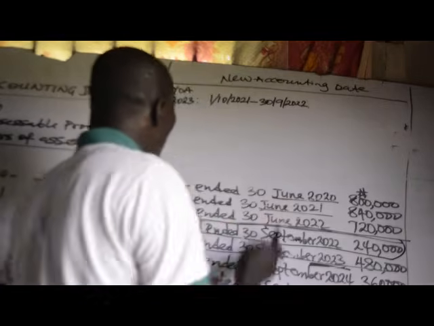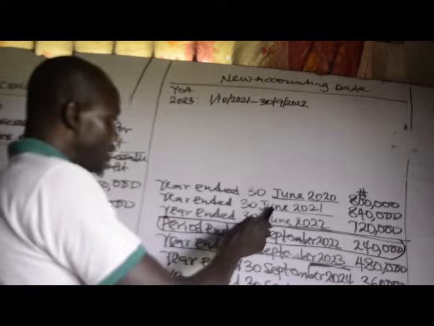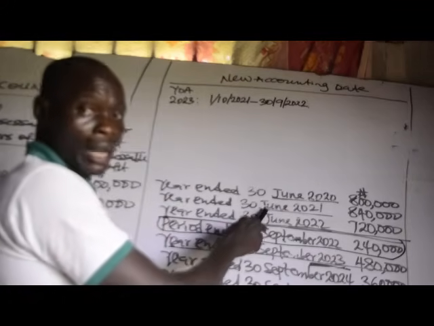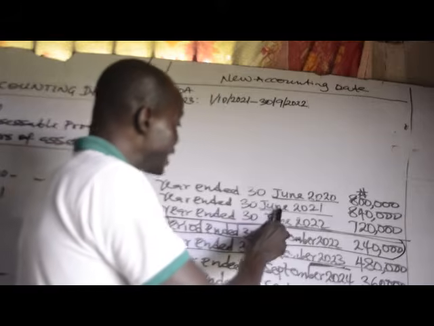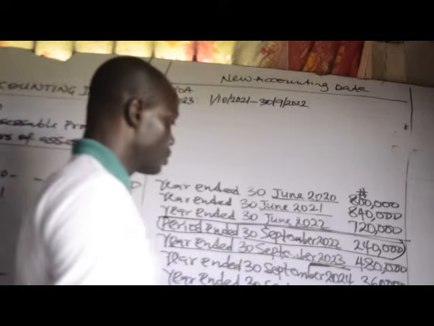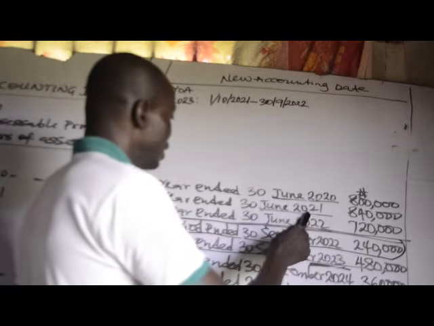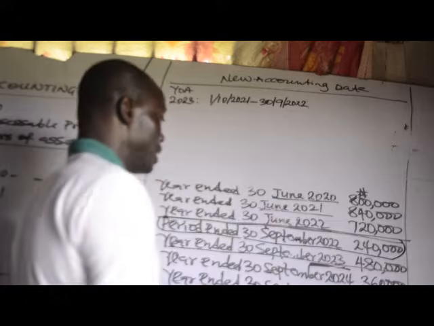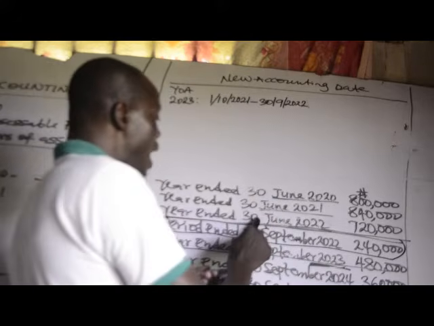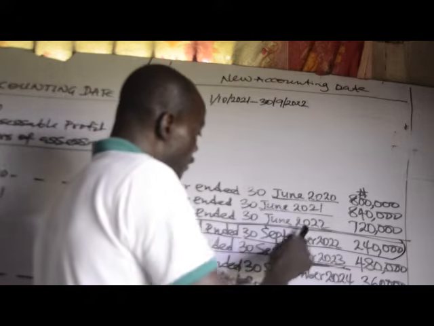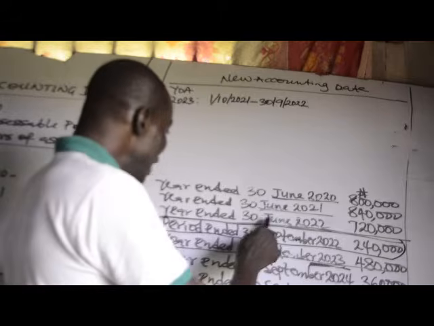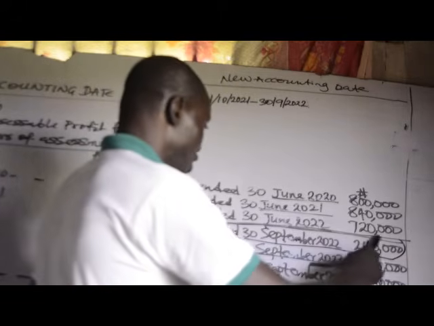Where can we get October 2021? This profit of 2021 ends as at June 2021, so we have not reached October here. So October 2021 will be part of this profit, which is a profit of 12 months.